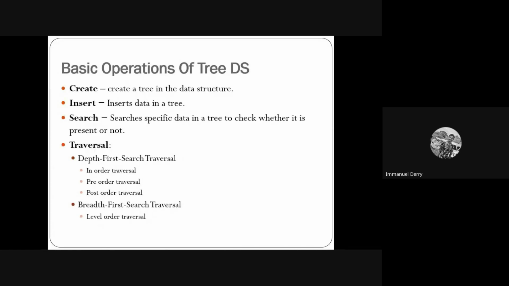We can equally traverse, and I'm very sure we know traversal, where we spoke about the DFS in algorithms, and under the DFS, we talk about the in-order traversal, pre-order traversal, and then the post-order traversal. And now we have the breadth first search as well, which is level order traversal. So let's talk about them in detail.